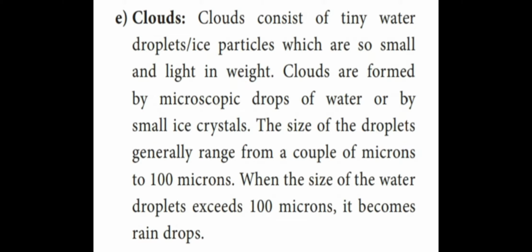So clouds consist of very tiny water droplets or very tiny ice particles which are so small and light in weight. Clouds are formed in microscopic drops. How are clouds formed? All the microscopic drops of water together form clouds, or small ice crystals.